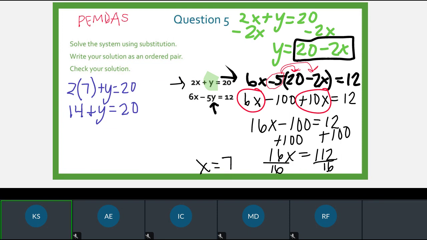Yep. What am I going to subtract? Yeah. Good. Yes. Good, Anna. Subtract 14. Very good. So then y would be 6. So that means our solution here would be 7, 6.